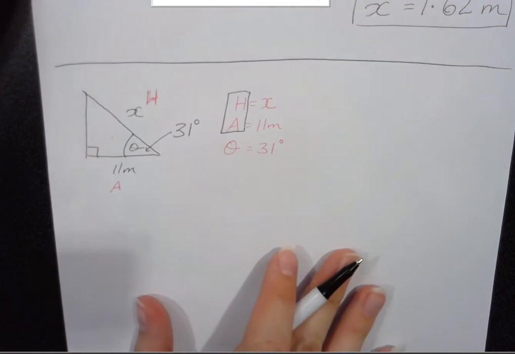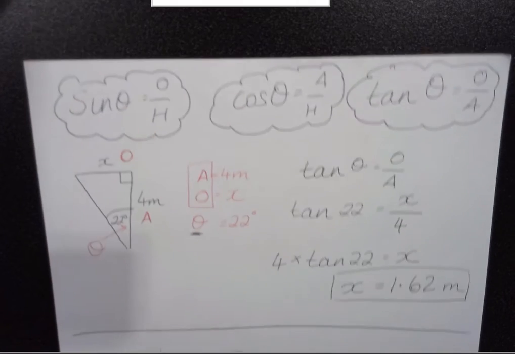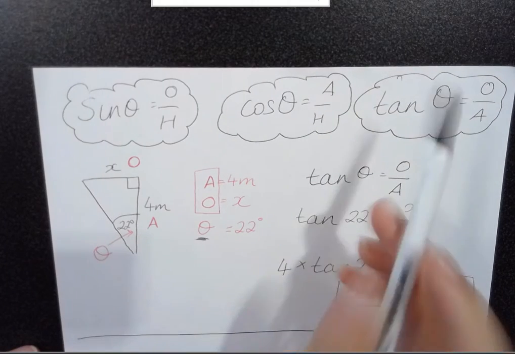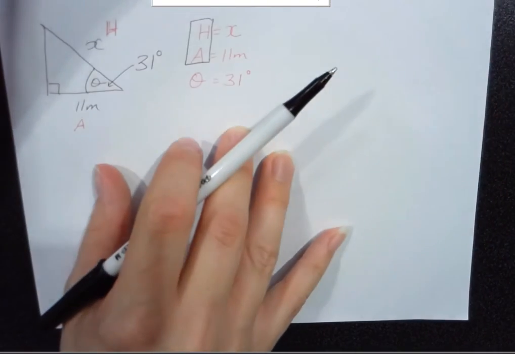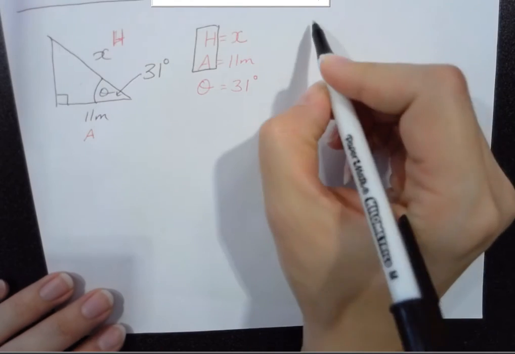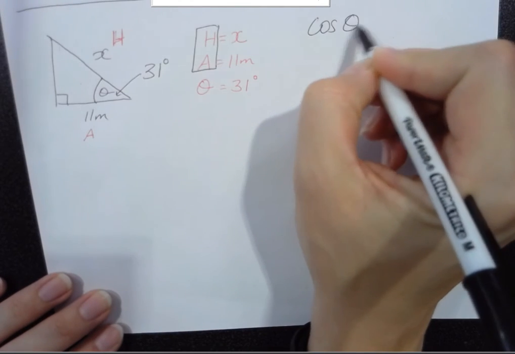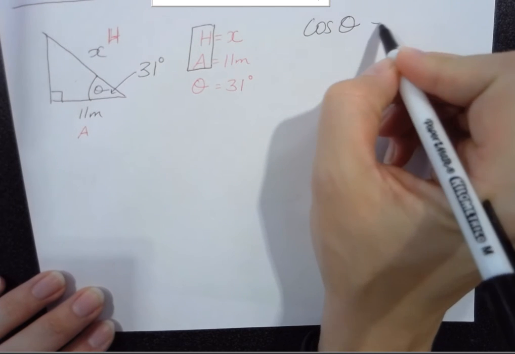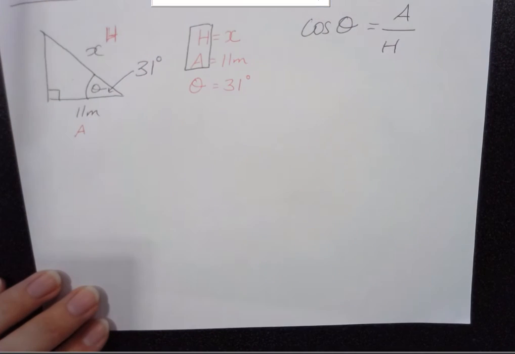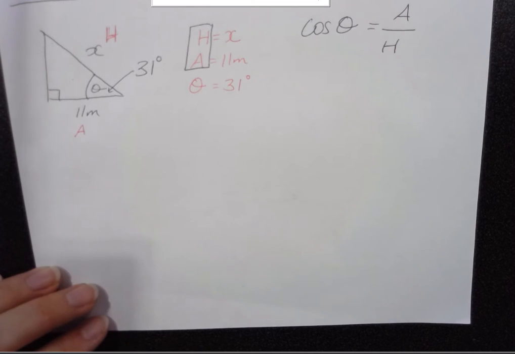If I just zoom to my rules, we've got to find the one with the a and the h, and that would be cos. So we are going to use the cos rule today. So cos of theta equals adjacent on hypotenuse, and we can work with that now.